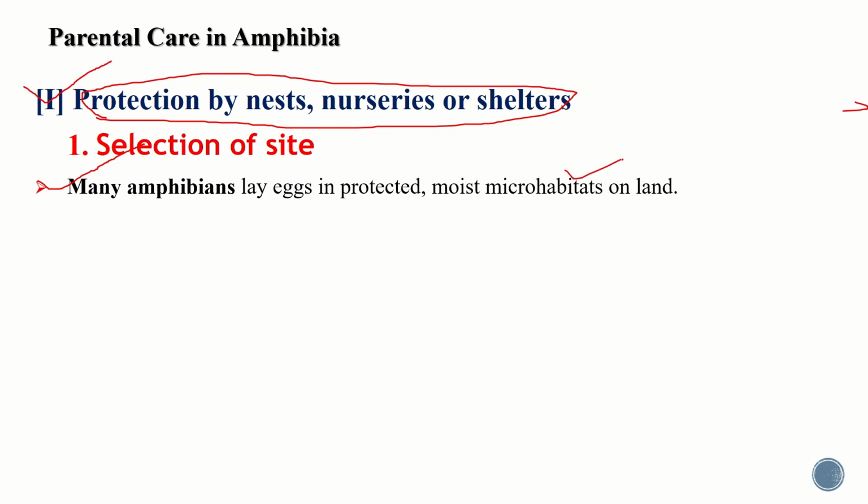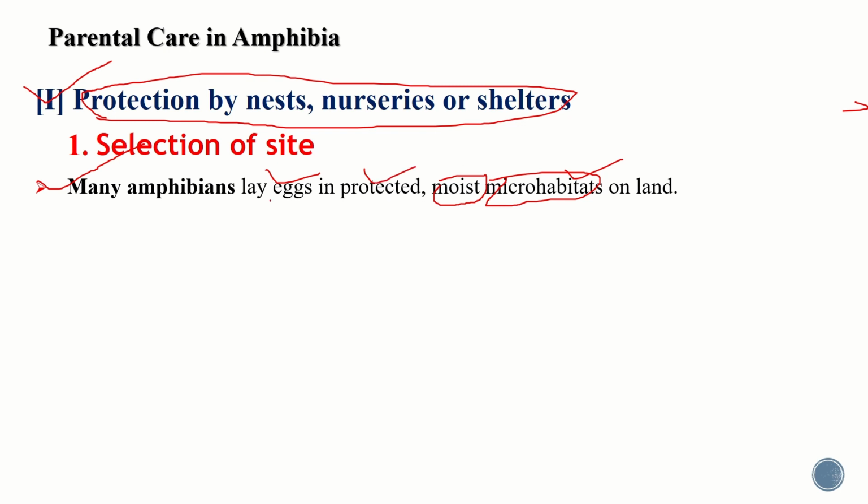Many amphibians lay eggs in protected, moist microhabitats on the land. They select a particular area, called a microhabitat, a moist area on land near the water bodies, and there they lay eggs.